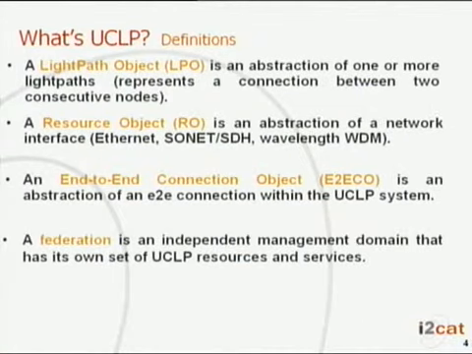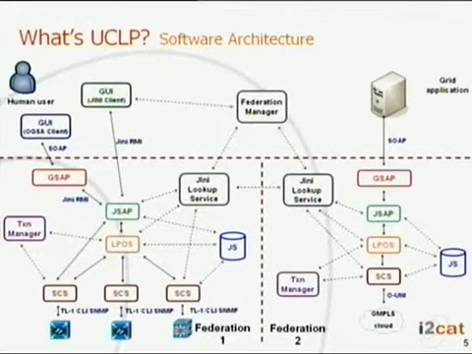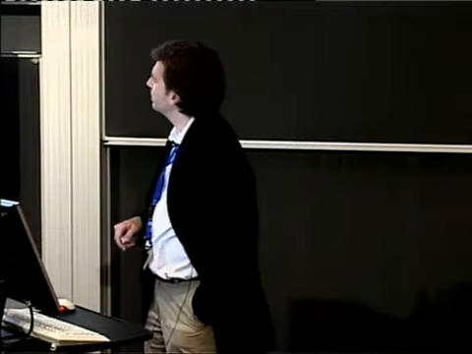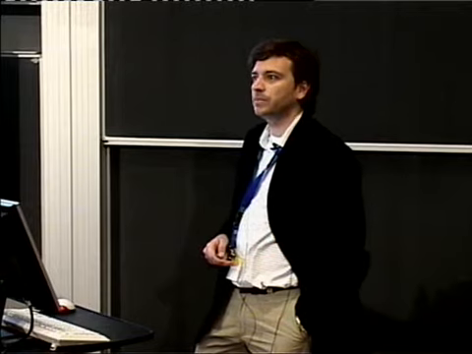Therefore, what we have here is the terminology of federation, which we were using in this architecture in order to differentiate when we have different independent management domains, each of which owns its own UCLP system, and they need to interact with each other. So, as I said before, this is the old architecture that we had on the UCLP v1. It's based on Jini and JavaSpaces.